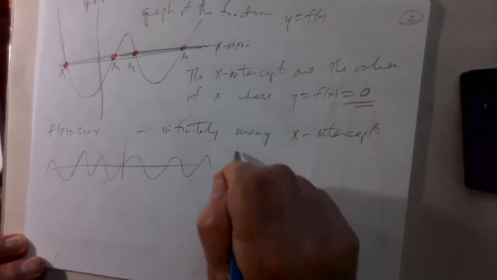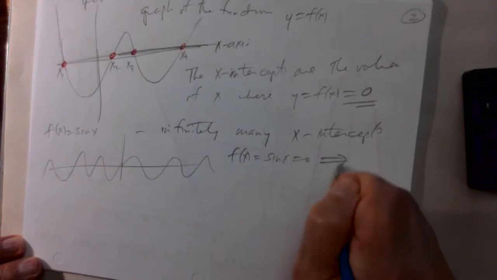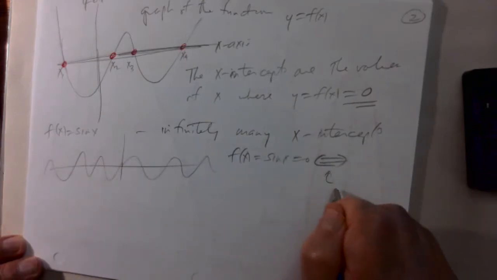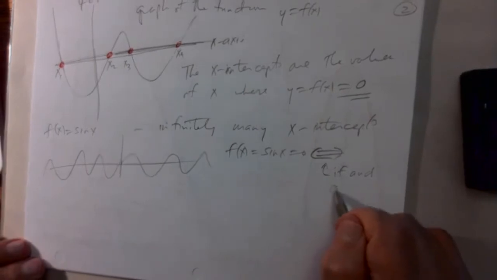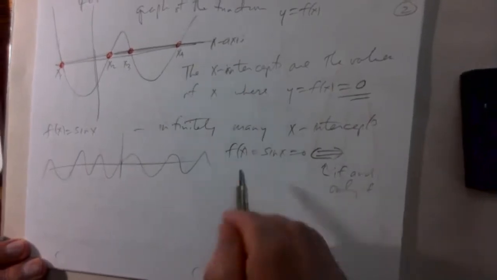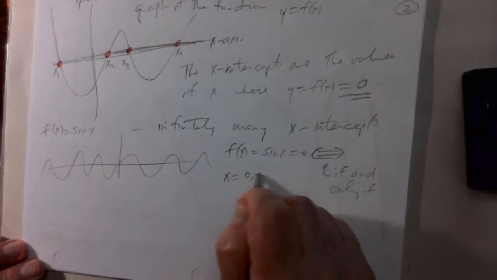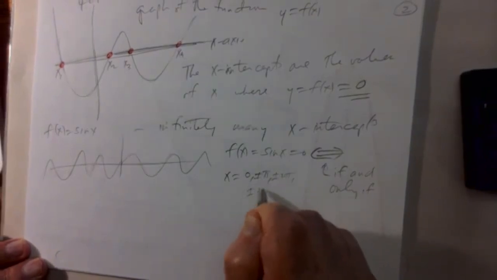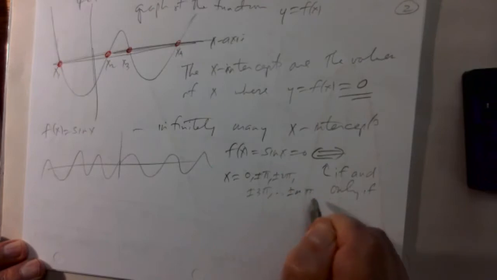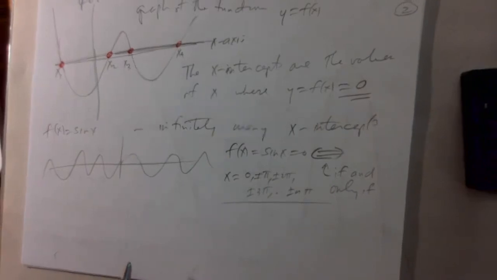And we know that f of x, which is sine of x, equals 0 if and only if, this symbol, which mathematicians like to write, a double-headed arrow, is read "if and only if", x is a multiple of pi, plus or minus pi, plus or minus 2 pi, plus or minus 3 pi, and so forth. Any integer multiple of pi, positive or negative. So this function has infinitely many x-intercepts.